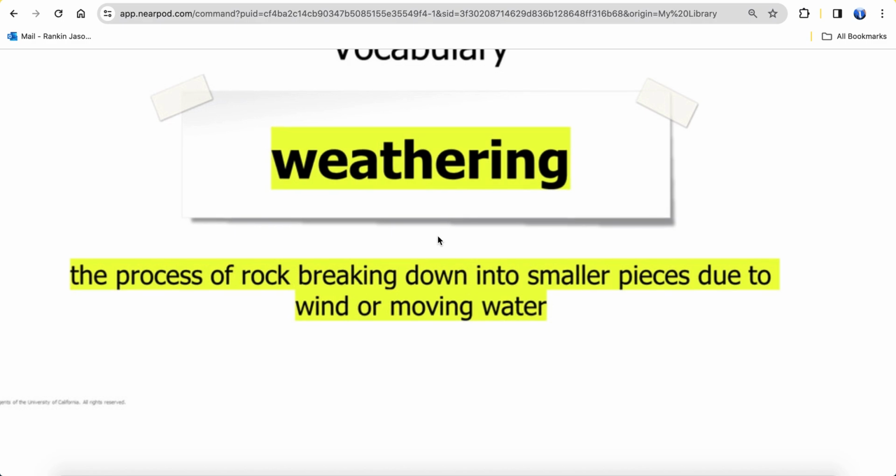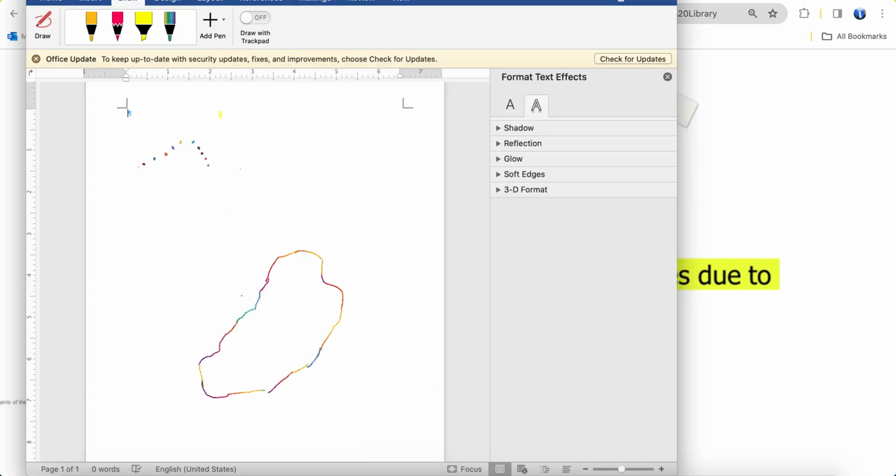All right, next vocab term is weathering, the process of rock breaking down into smaller pieces due to wind or moving water. And we need to add some material here. So put a comma here in between wind and water, and let's add the following words to it.